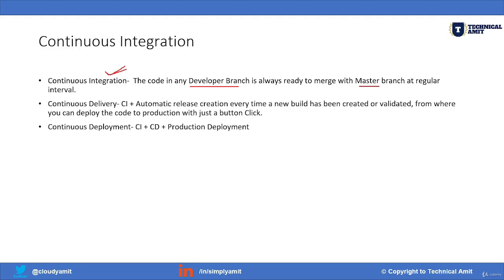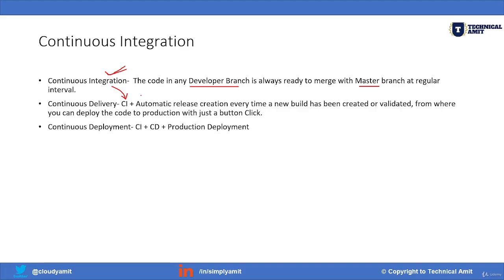Then we have got continuous delivery. This includes continuous integration plus automatic release creation. What it is doing is, the developer has committed the code using continuous integration. Now the CI server is going to pick up those changes, validate the changes, run some tests, and if there is any error, they are going to send the information to the developer.